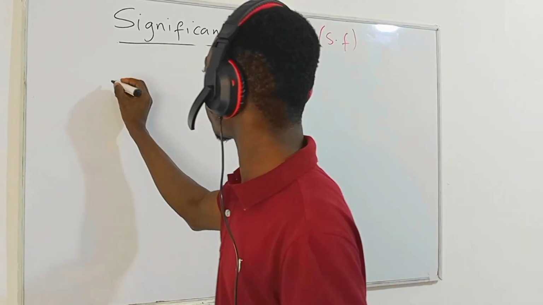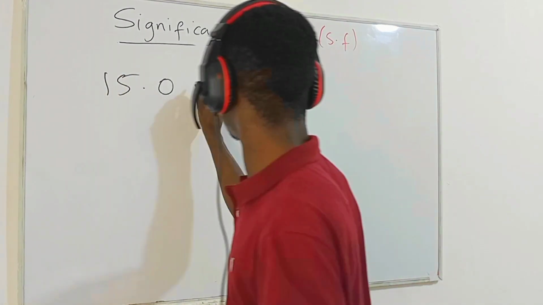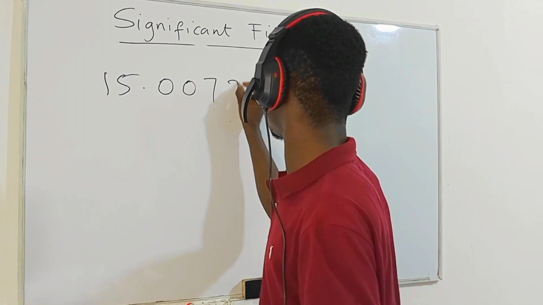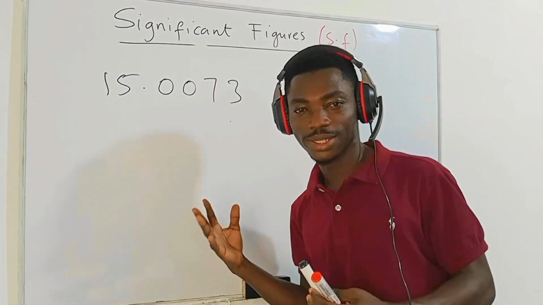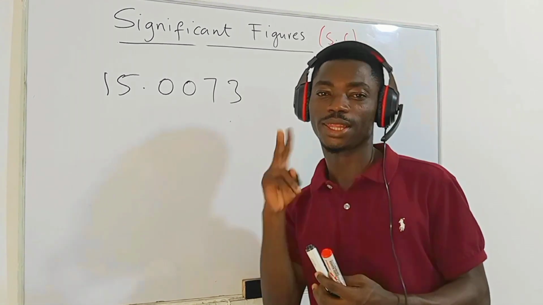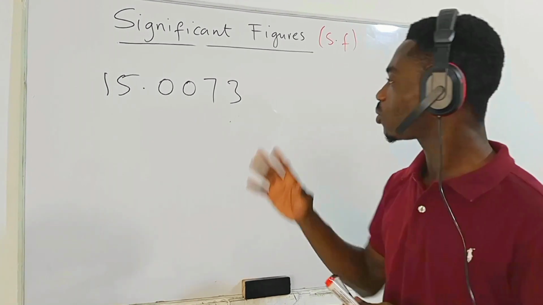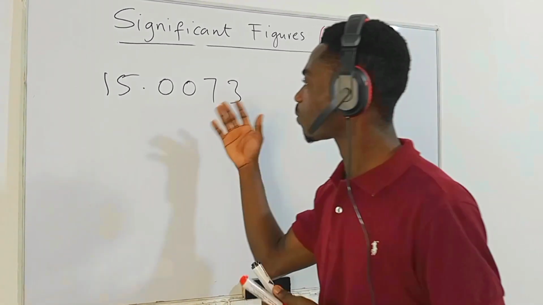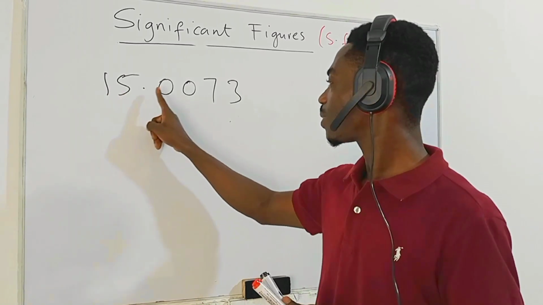So again, let's say we have 15.0073, and maybe we want to leave our answer or this number right here in 3 significant figures. How are we going to do it? Now, to leave this in 3 significant figures, of course, we have to start right from here. We have 1, 2, 3.